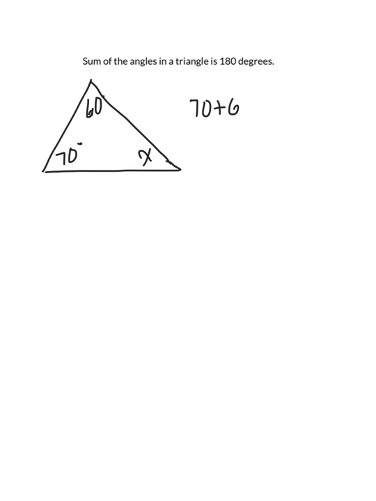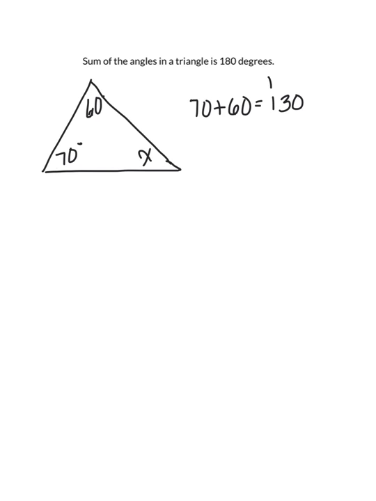Next, we're going to look at the sum of the angles in a triangle, which is 180 degrees. So if you were given a triangle as such, and they gave you two of the angle measurements, you could find the third one. Knowing that one of the angles is 70 degrees, one is 60 degrees, and we're missing x, I would add 70 plus 60 together, which is equal to 130.